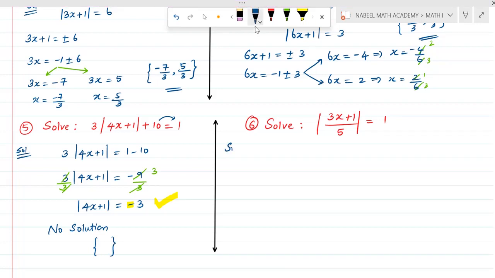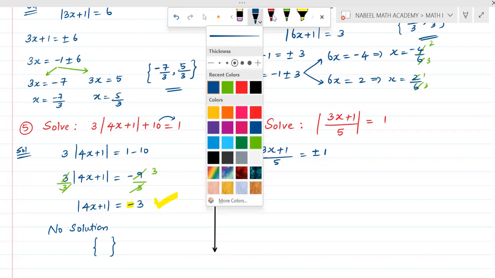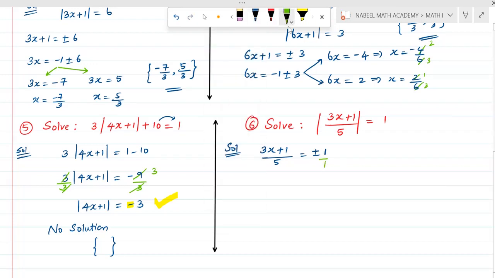Now the last one here, you will have a rational expression inside the absolute value. How will you simplify? It's the same thing. |(3x + 1)/5| = 1. If I remove the absolute value, it should be plus or minus 1. After that, just cross multiply. This is over 1 here. So the value will be 3x + 1 = plus or minus 5.